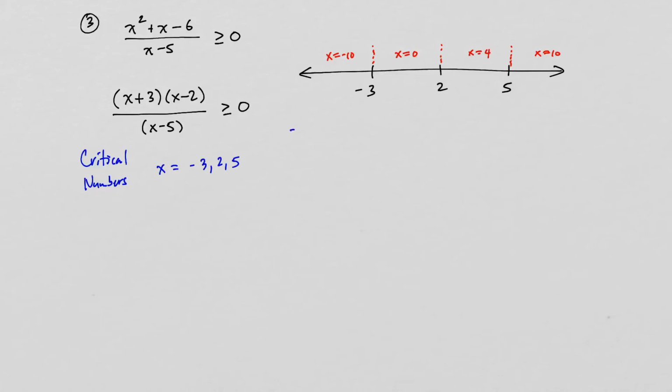So starting with our smallest test number, which is negative 10, I'm going to plug that into our factored form of the inequality.